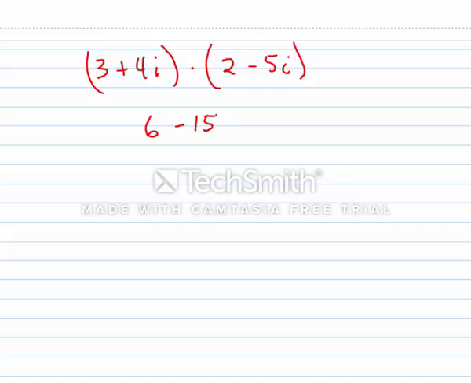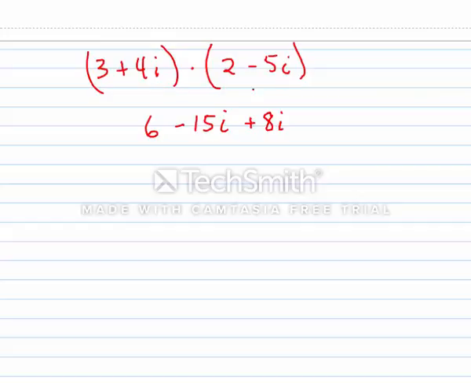Okay, let's do another example. Say we have 3 plus 4i times 2 minus 5i. Well, 3 times 2 is 6, and 3 times minus 5i is minus 15i. 4i times 2 is plus 8i.